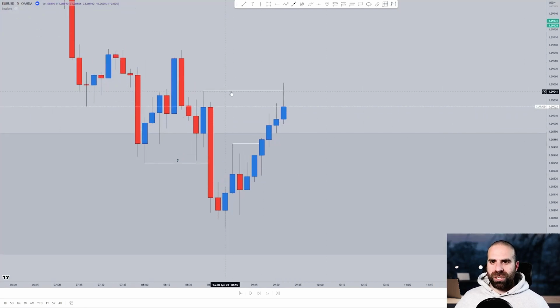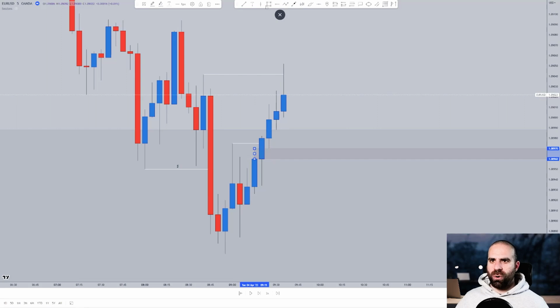Here we see two changes of character, and then I told you you can go ahead and place either a pending order here on this fair value gap, or you can go ahead and place a pending order below right here, or from these wicks that you see right here.